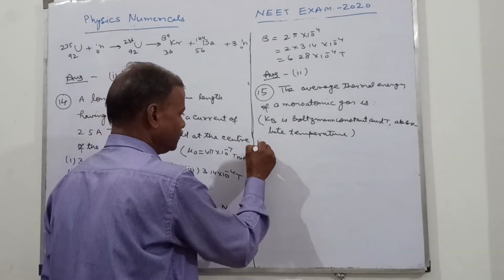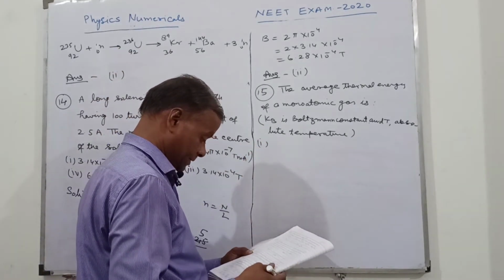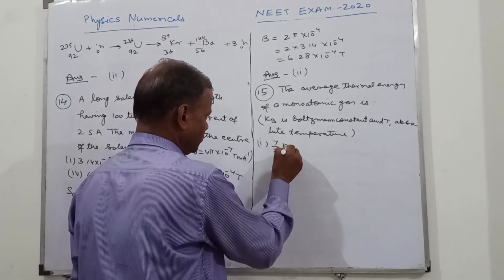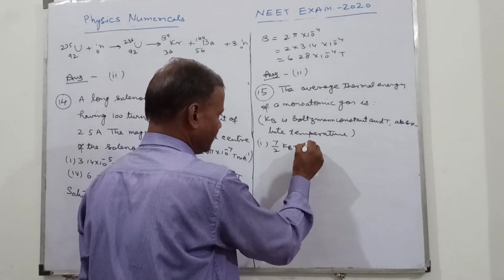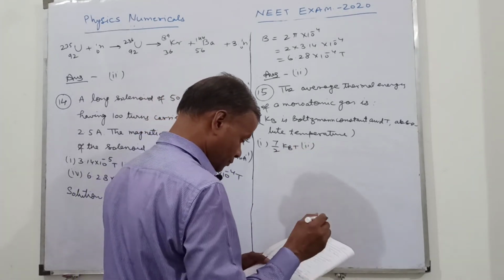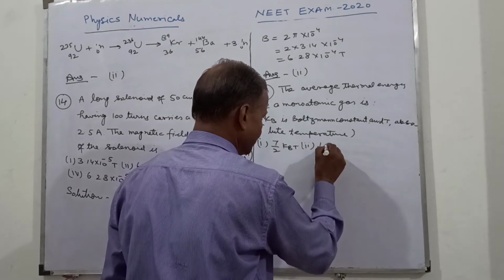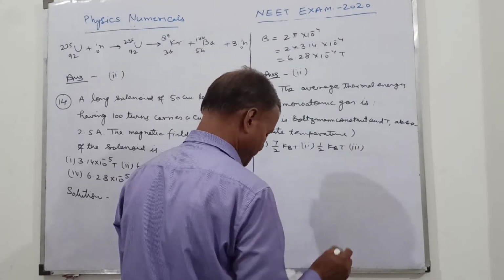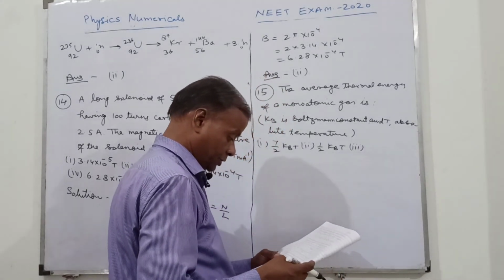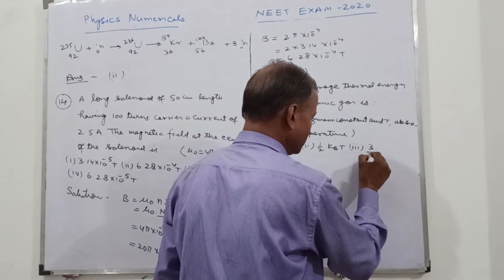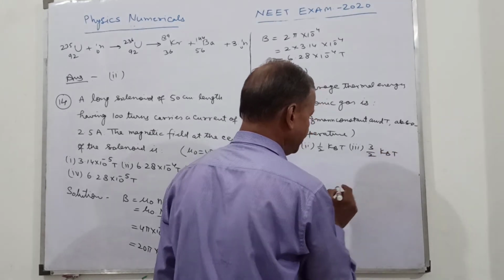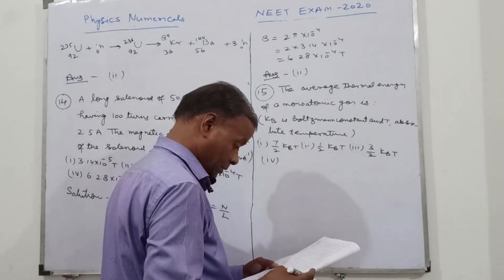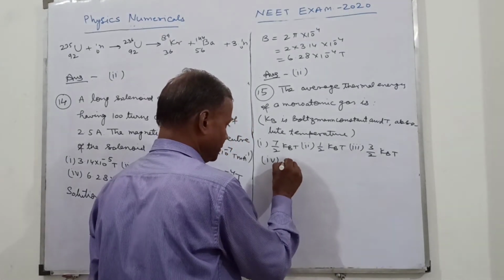Now option first is your 7/2 k_B T. Second is given to you 1/2 k_B T, and third option is your 3/2 k_B T, and now fourth option is 5/2 k_B T.